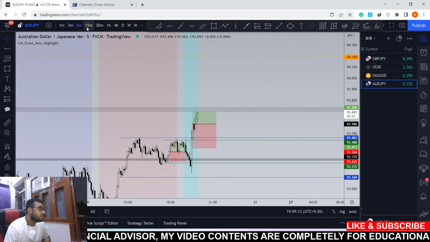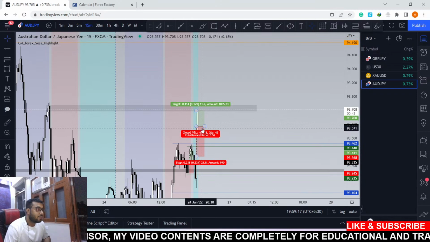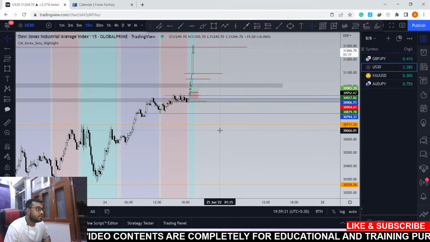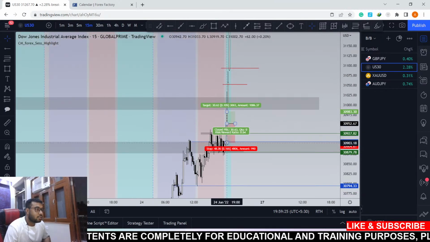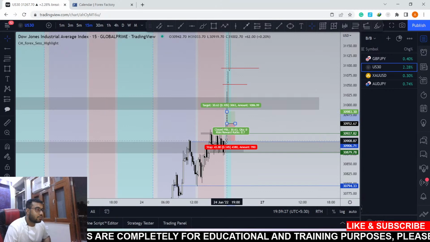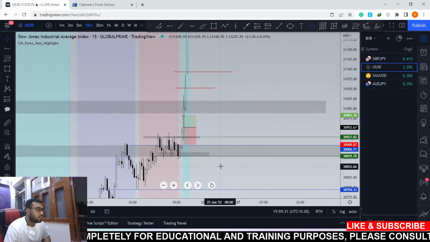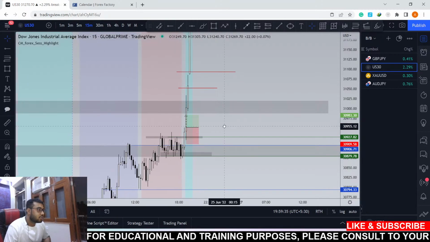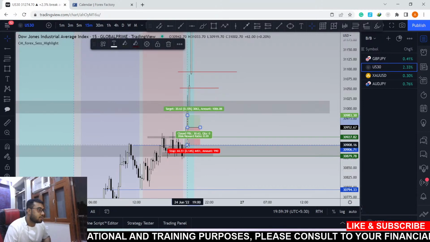It will be a nice trade. If I had not taken two losses, then I would have definitely taken this trade and this entry. This was also a nice entry. I would have definitely taken it from right around this area. Take profit would be at around this area.